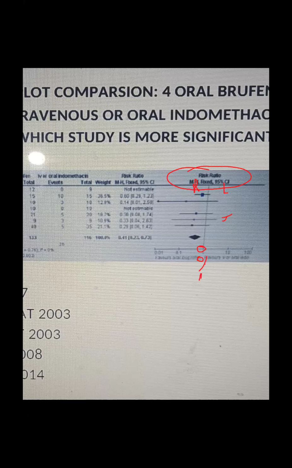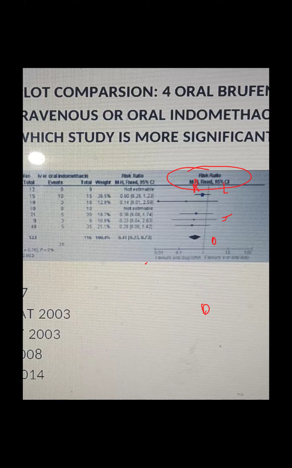If the unit is relative risk or odds ratio, then this center point would be 1. If this value is a mean difference, or standardized mean difference, then this center point would be 0. Okay, so that is why it is very important which they are using.